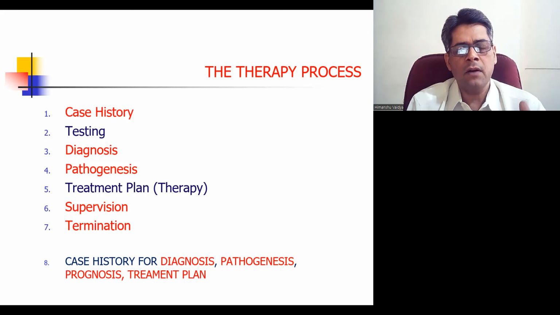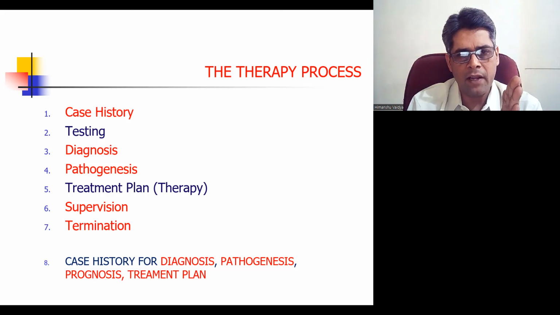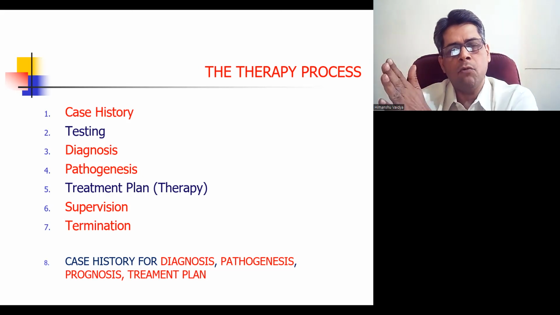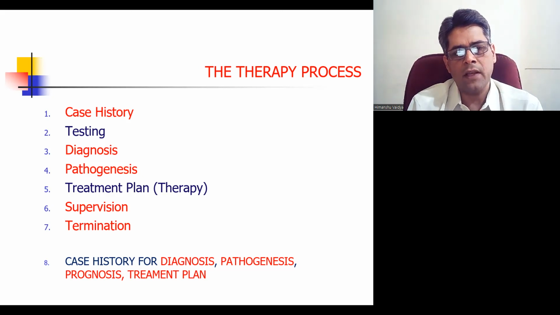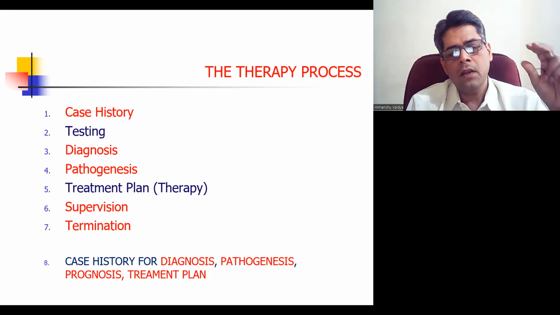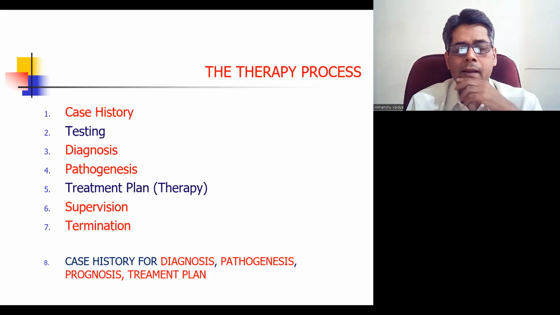After diagnosis, we come to the 4th step, pathogenesis. Why did the problem develop, when it developed, and how has it developed over a period of time? To what measures the problem should positively respond, to what measures the problem should negatively respond. And here we use our knowledge of schools of psychoanalysis, and each school develops its own pathology, its own pathogenesis.